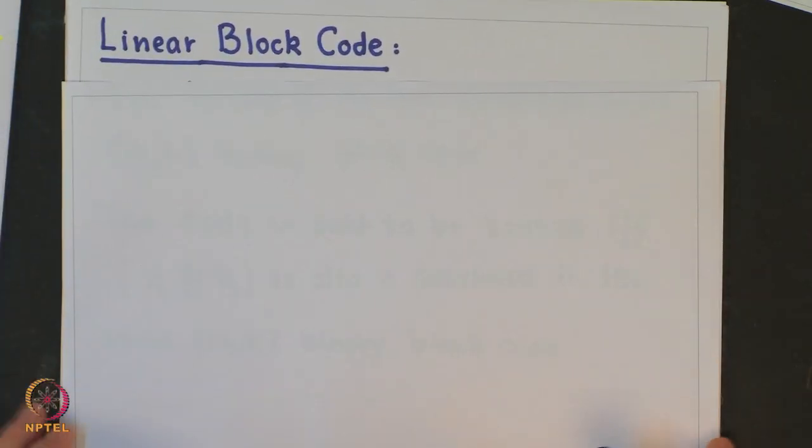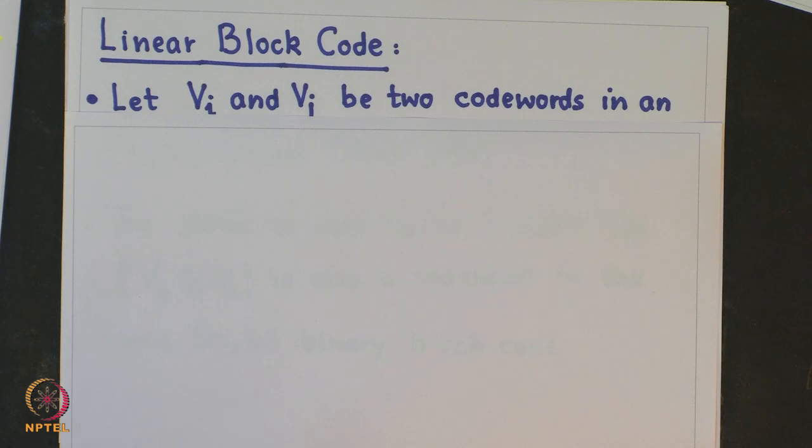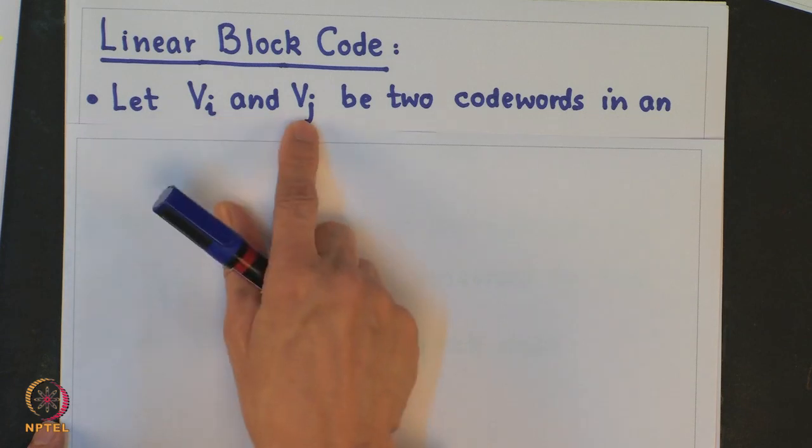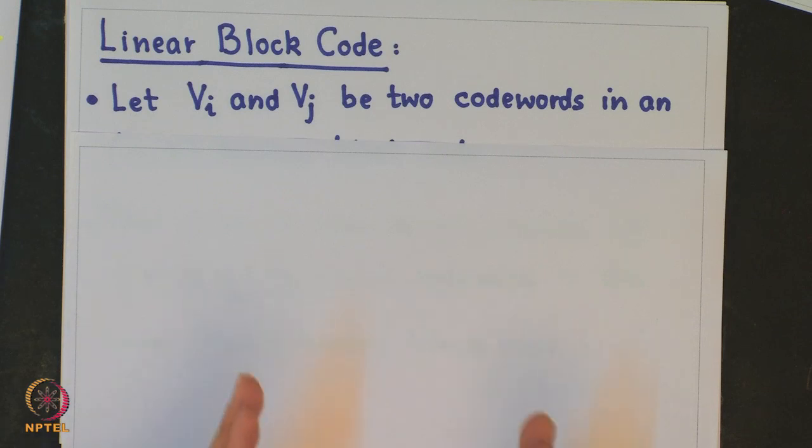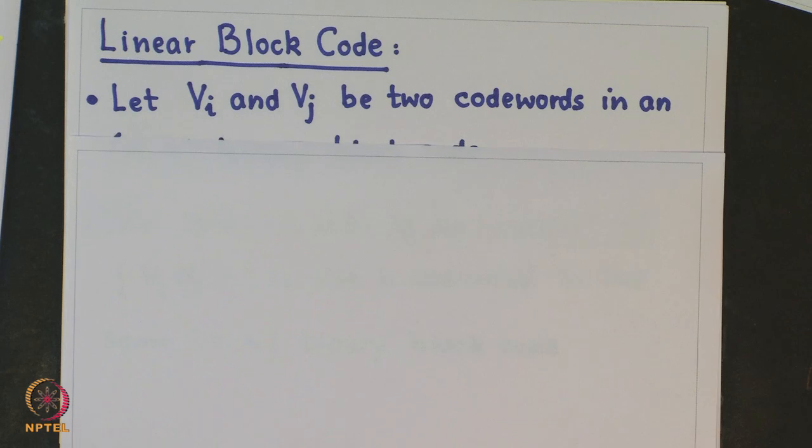Having defined this, we will study a special class of block code that is known as linear block code. The definition of the linear block code is as follows. Let Vi and Vj be two code words. Remember, these Vi and Vj correspond to two different message sequences, say Mi and Mj respectively.